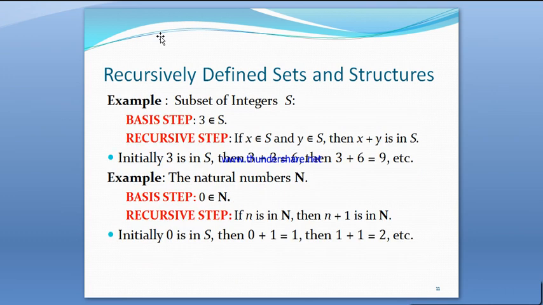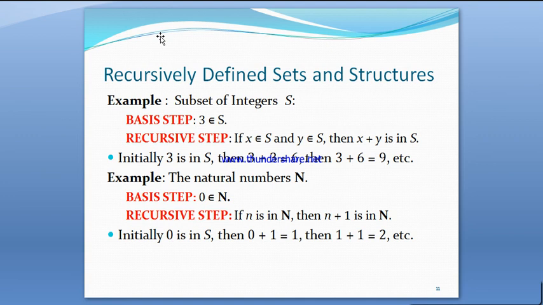Now let us consider a few examples to define sets and structures recursively. Let us consider the subset of integers S. In the basis step, let us suppose 3 belongs to S. In the recursive step, we give the rule: if x belongs to S and y belongs to S, then x plus y belongs to S. Right?